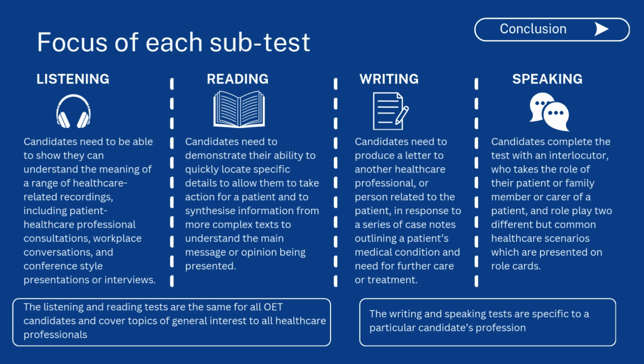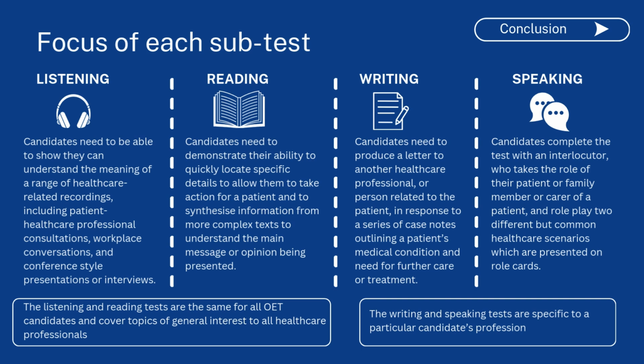The listening and reading tests are the same for all OET candidates and cover topics of general interest to all healthcare professionals. For writing, candidates need to produce a letter to another healthcare professional or person related to the patient in response to a series of case notes outlining a patient's medical condition and need for further care or treatment.